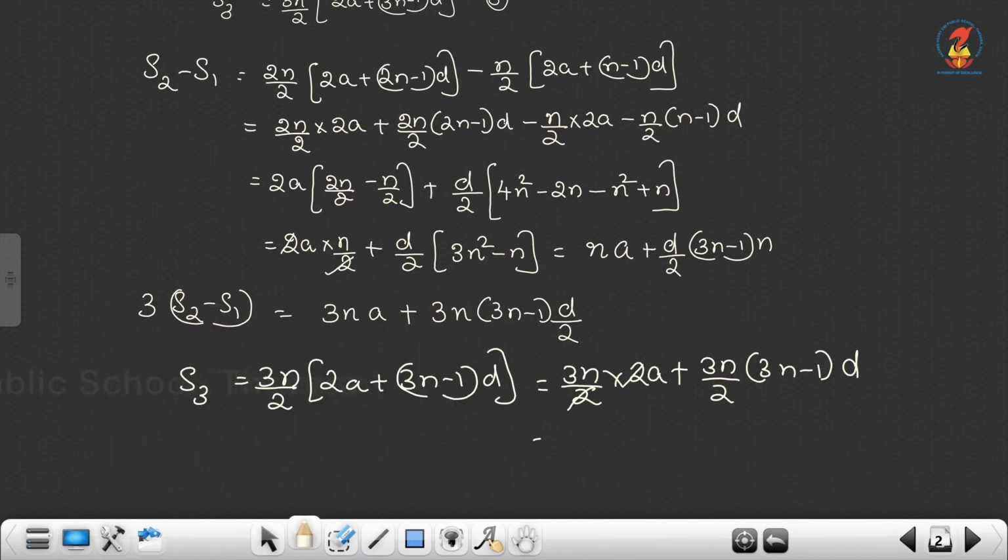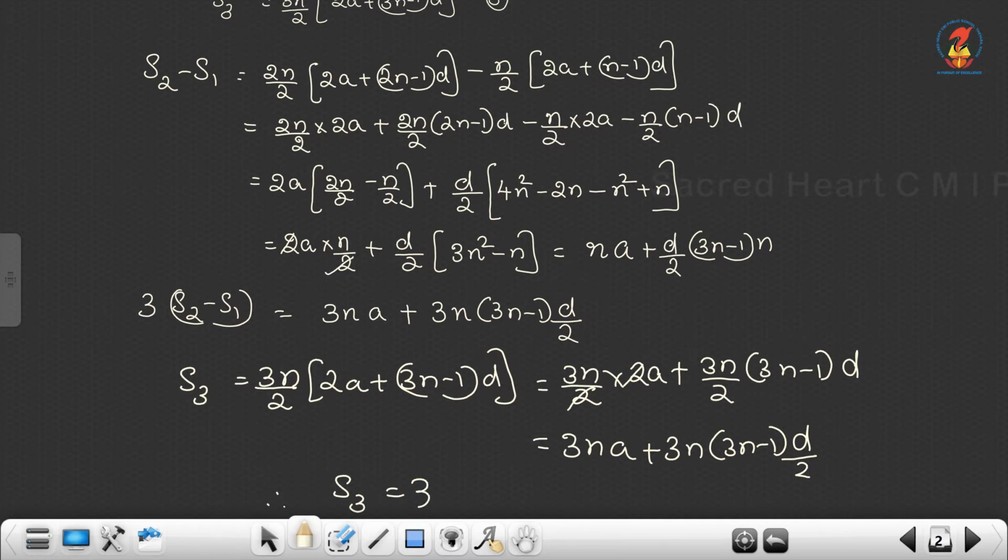So that is 3na plus 3n into 3n minus 1 into d by 2. So comparing this and that, both are same. Therefore, S3 is same as 3 times S2 minus S1. So we proved.